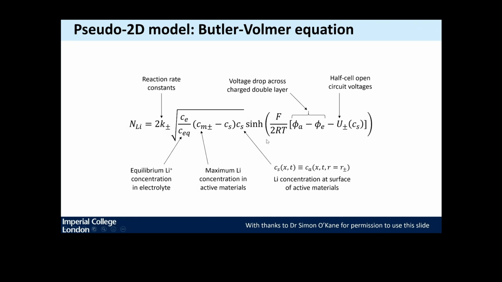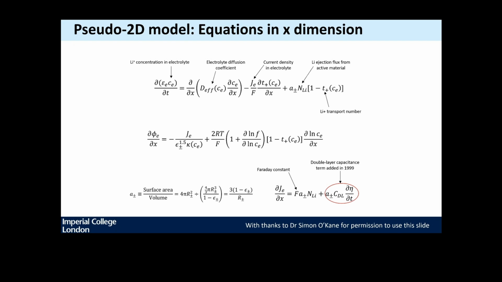I've just made enough assumptions to group them as a hyperbolic sine, and I have a complicated term here just to account for the fact that I may have different concentrations in the electrolyte of this species and different concentrations in the solid. So the concentrations of products and reactants should affect this cost coming from the equation being driven out of equilibrium.